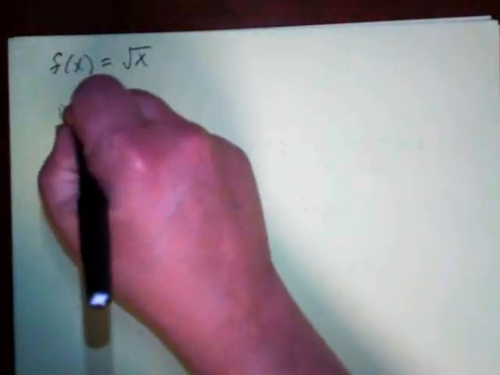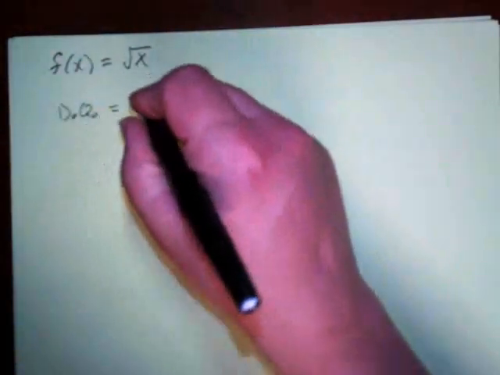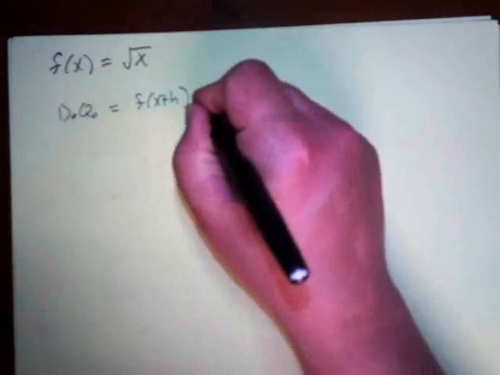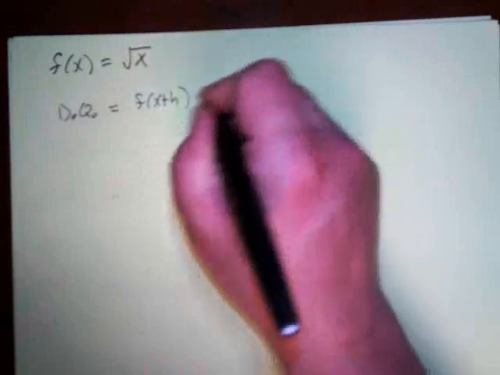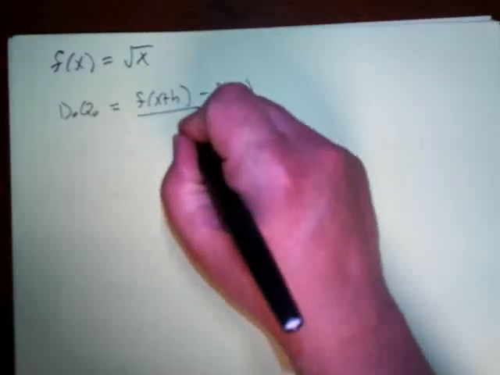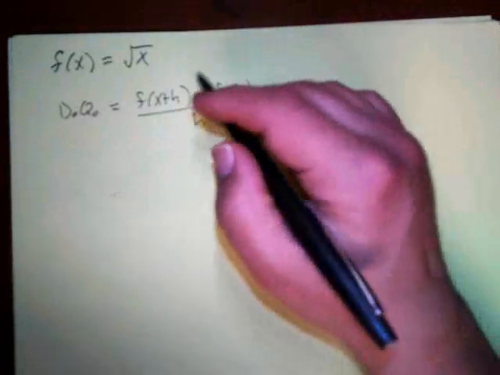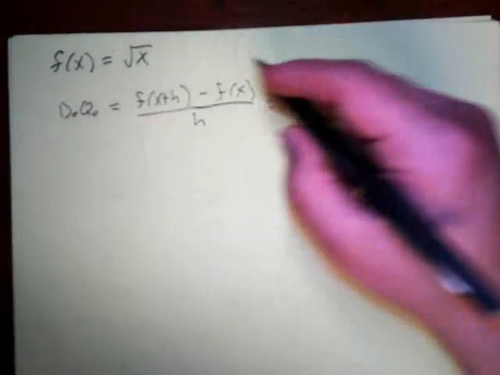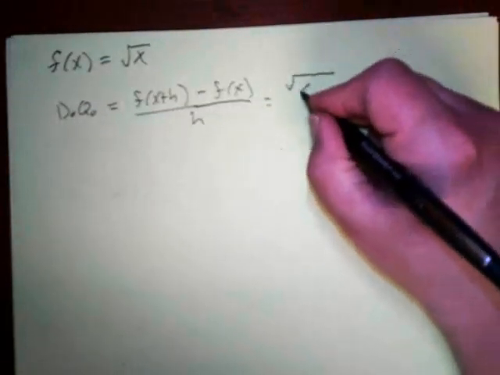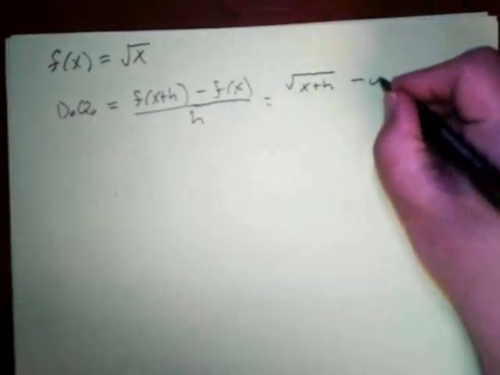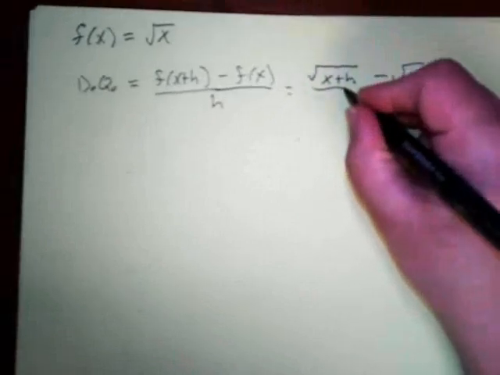Then the difference quotient here is going to be f of x plus h minus f of x all over h. When I plug in x plus h here, I get the square root of x plus h minus the square root of x, all over h.